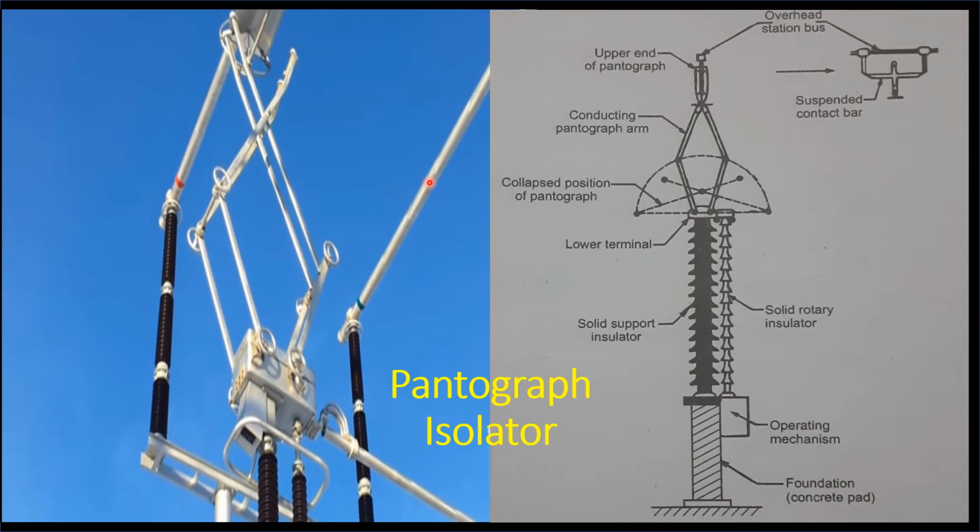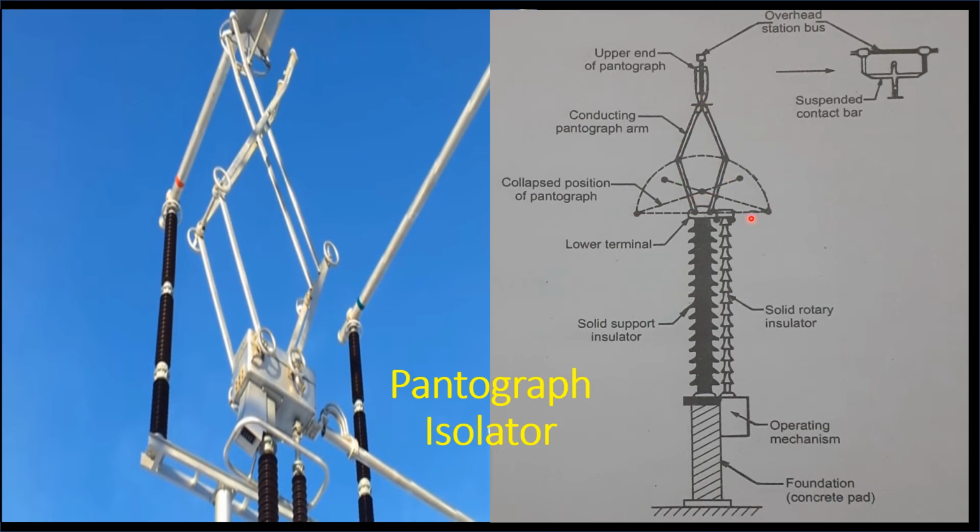In the closing position of such a pantograph, the overhead station busbar gives a grip. The current is carried by the upper busbar to the lower busbar through the conducting arms of the pantograph.